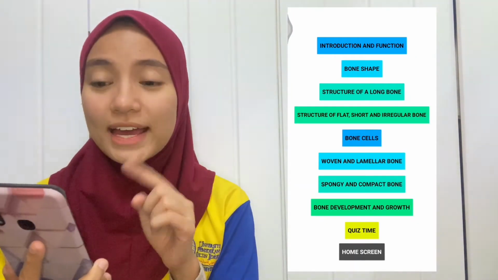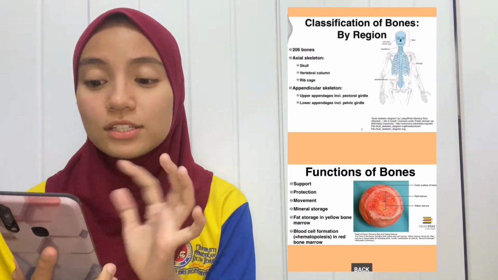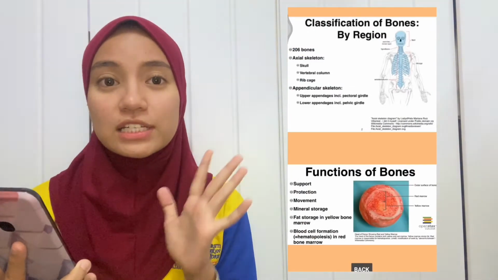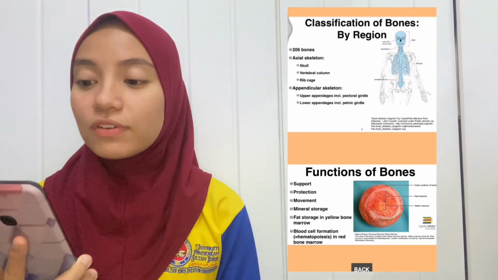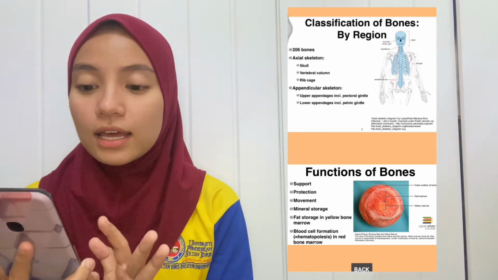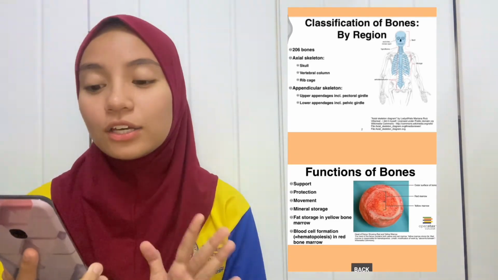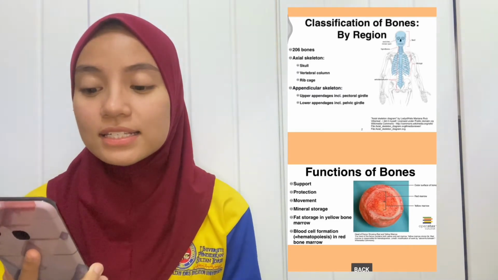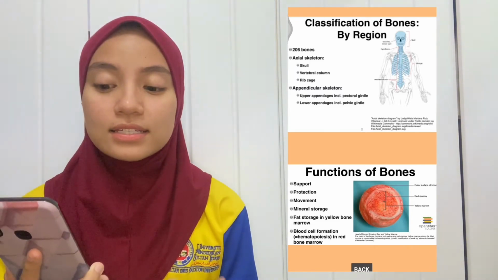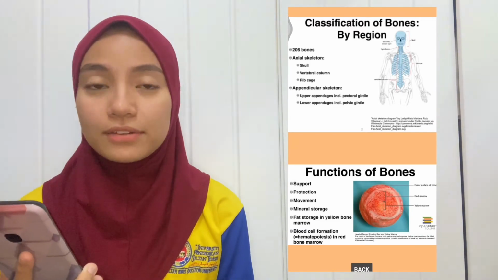So now we press introduction and function to see the notes. We have classification of bone by region. We have 206 bones in the adult human body. The axial skeleton is the skull, vertebral column, and rib cage.